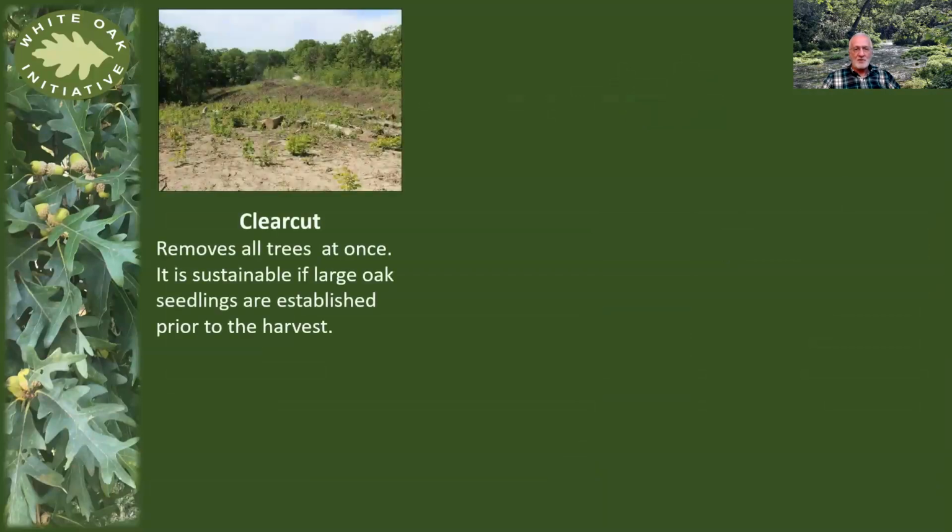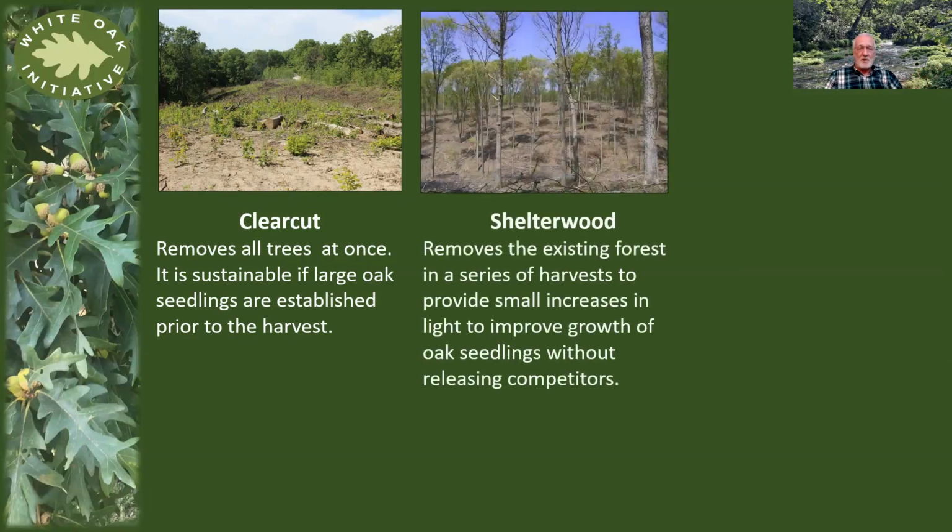So clear cut, that's where in some cases we do have to start over. All the trees are removed at once. It's sustainable if large oak seedlings are established prior to that harvest. We have shelterwood, where you're going to remove some of the existing forest in a series of harvests to provide small increases in light.